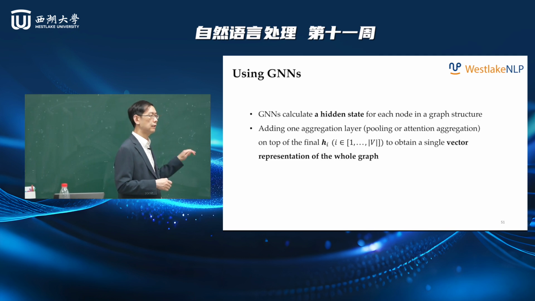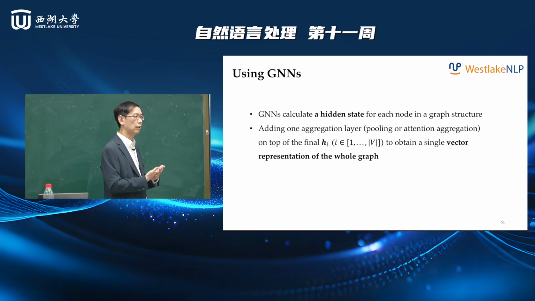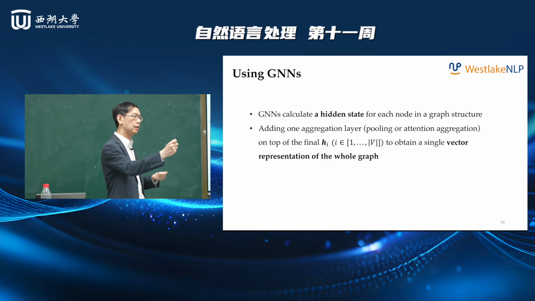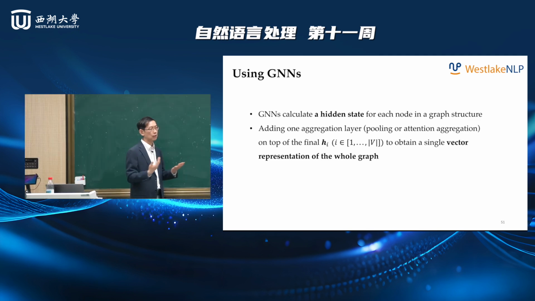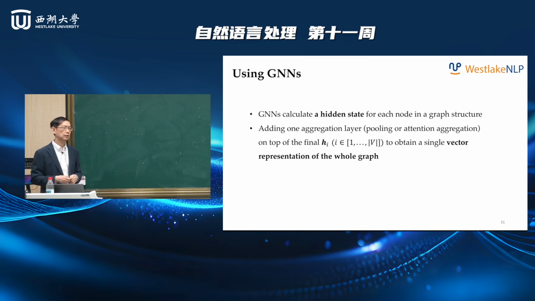So because you have this powerful tool, GNN, you can try to turn your things into a graph, like coreference, entity mentions of the same thing, relations, events. You can turn things in a passage into a graph and use GNN to extract useful information for them.